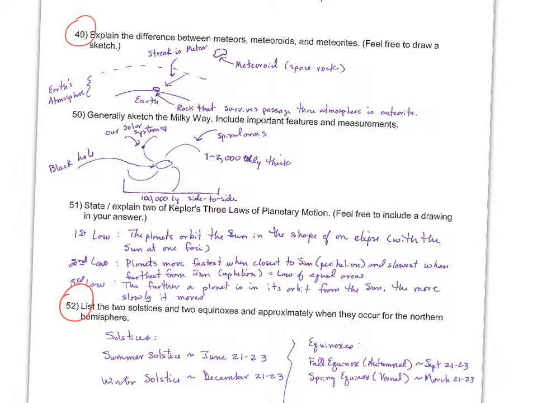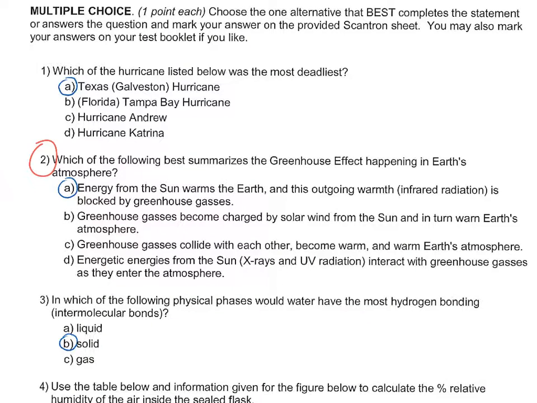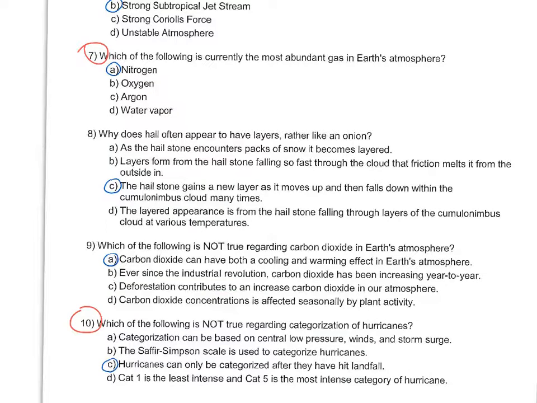And then we go on to the most recent exam, Unit 4. And on the first page I just chose number 2. This was a long test, I know. Question number 2 is a possibility. Question number 7 and 10 on the second page. So question number 7 or 10.